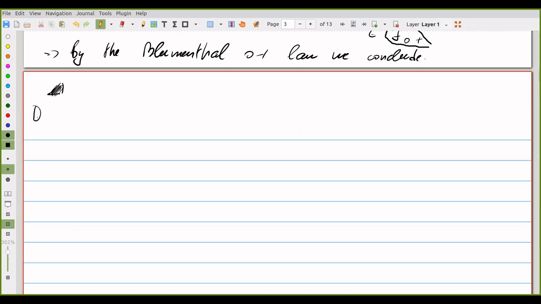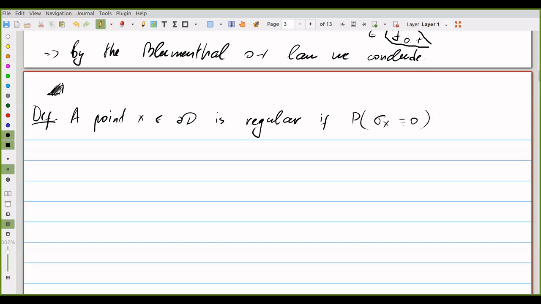And now the definition, which was our goal initially, was as follows. The point x on the boundary is called regular if a Wiener diffusion process started at x leaves D, the initial domain, immediately.